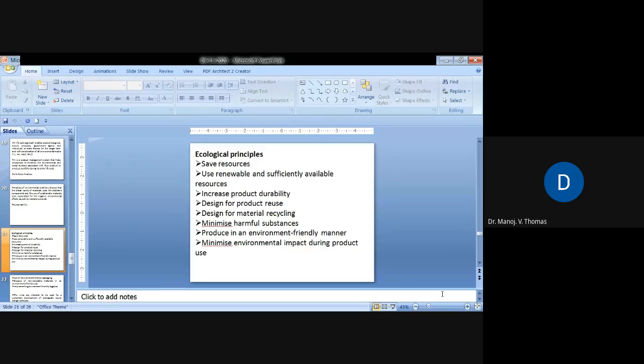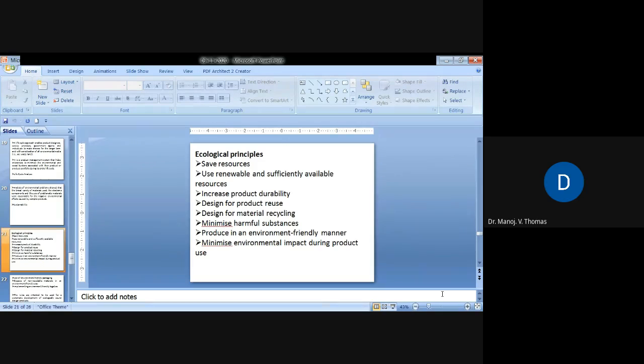You should not deplete natural resources. This is applicable to all branches of engineering, not only computer science, computer hardware and software. So we should be concentrating on saving the natural resources. And we should use renewable and sufficiently available resources as far as possible.